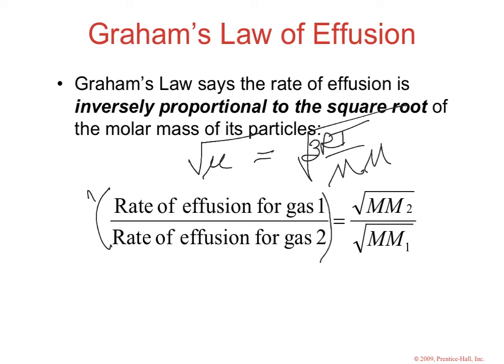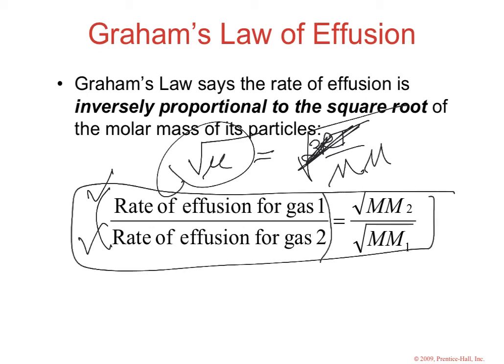If you're taking a ratio of this formula for two different gases, the constants are going to cancel out. If you're doing them at the same temperature, then the temperature cancels out too. And it simplifies to the rate of effusion, and this works for diffusion also, any type of translational motion of a gas, traveling across from one side of a room to another, is inversely proportional to the square root of the molar masses.